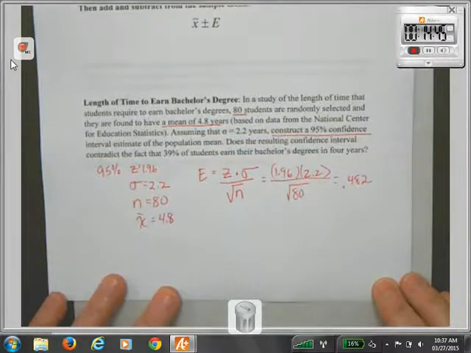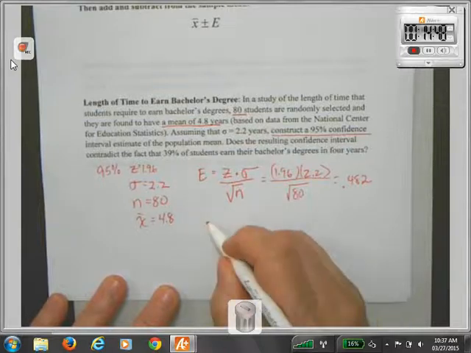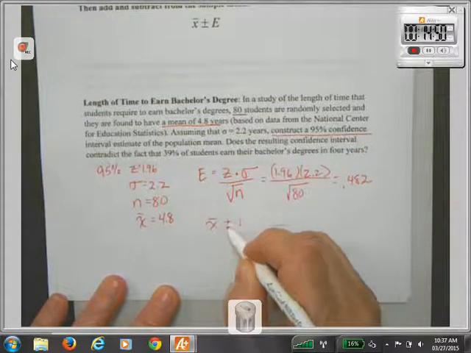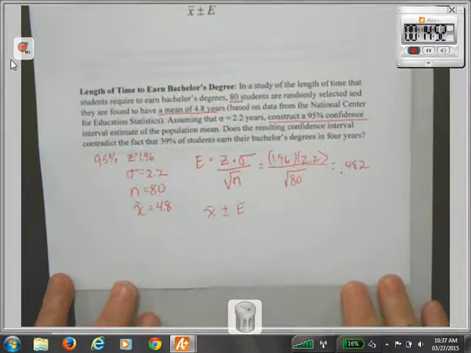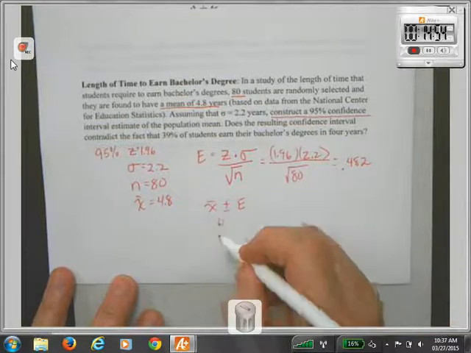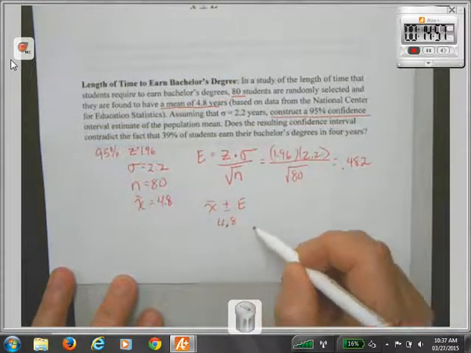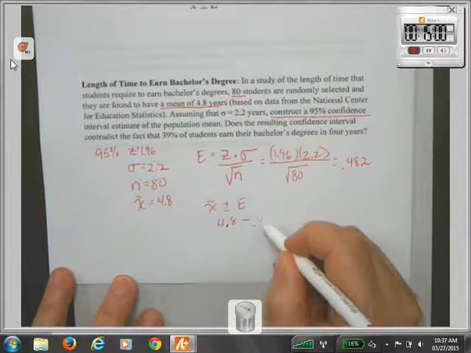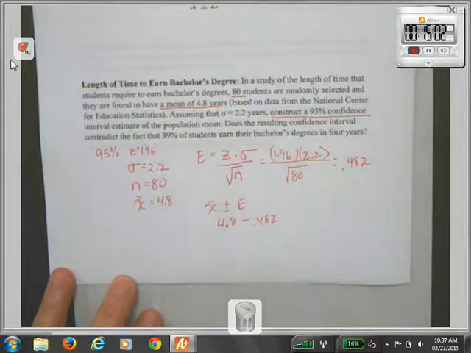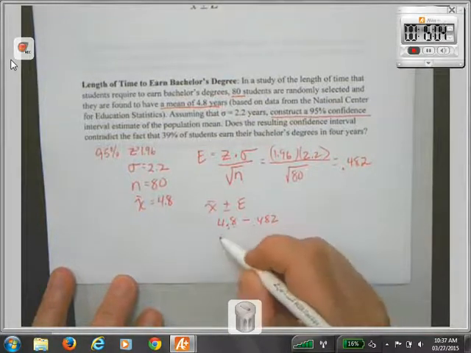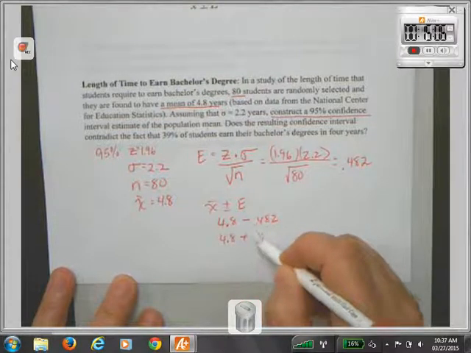So now we're going to add and subtract that margin of error to X bar. X bar is 4.8. I like to do the subtraction first. So 4.8 minus 0.482, be careful of those decimals, and 4.8 plus 0.482.